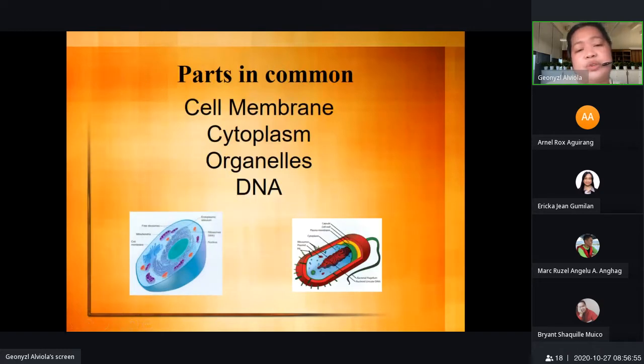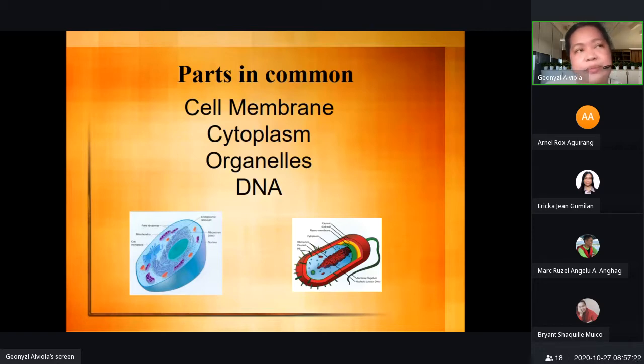So what are the parts common to these two types of cell? First, both of them have cell membrane, they have cytoplasm. Organelles, only few. Both have ribosomes. Yan yung pinaka-distinct. Both of them have ribosomes. But other organelles, wala. It is present sa eukaryotic cell.